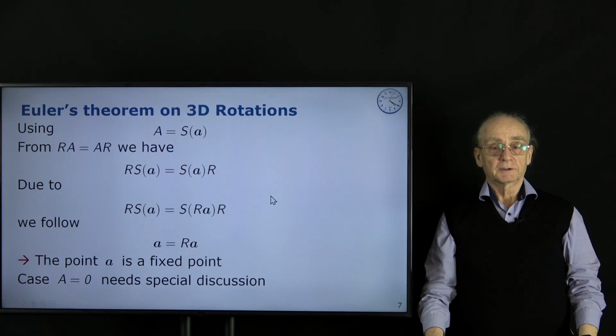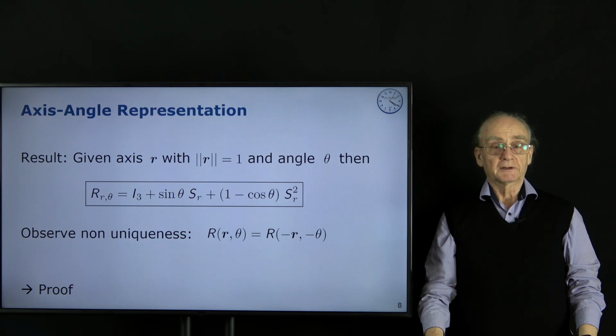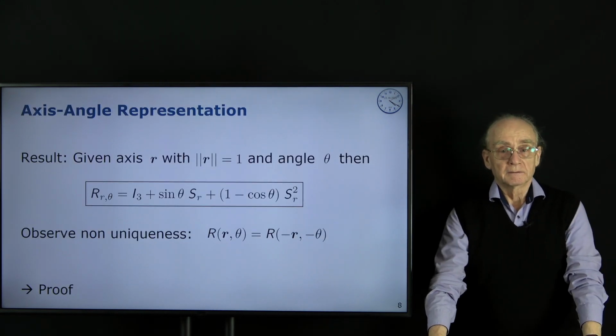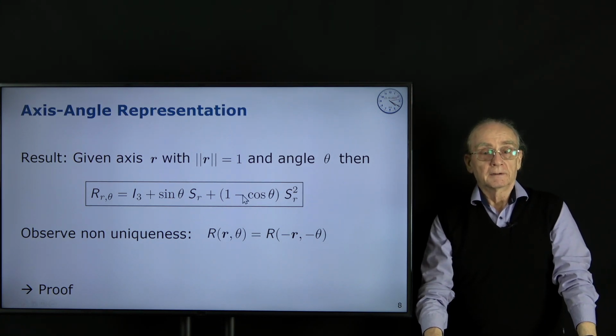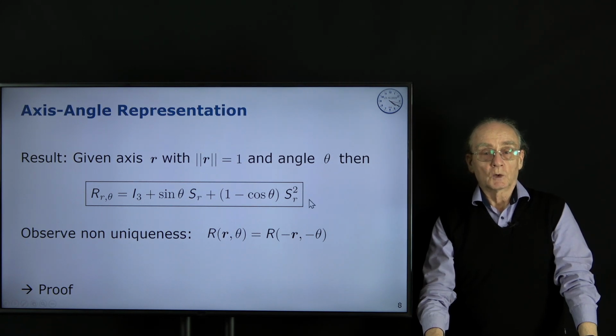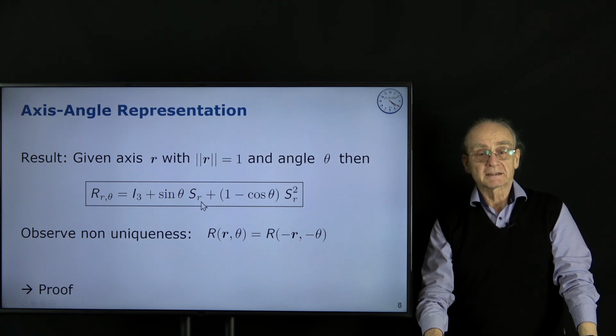So let's assume that we now believe that the Euler theorem is true, and we have this result which I already showed. So you have here the unit matrix, here the skew-symmetric matrix of the rotation axis, the unit vector, and here the square of this matrix. And here you see terms of cosine and sine of the angle.